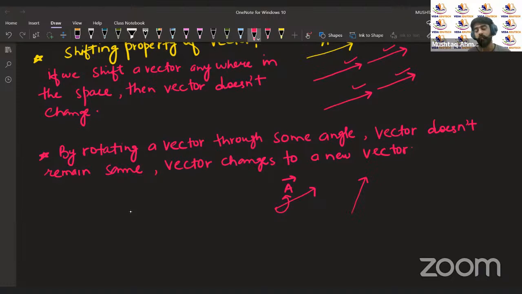Even if the magnitude or the length of the vector remains the same, the direction of this vector has changed. Now the vector is directed along some different direction. So I cannot call this vector A. It's a new vector now. It's vector B. So I can say that vector A is not equal to vector B. So this is the rotation effect on a vector.